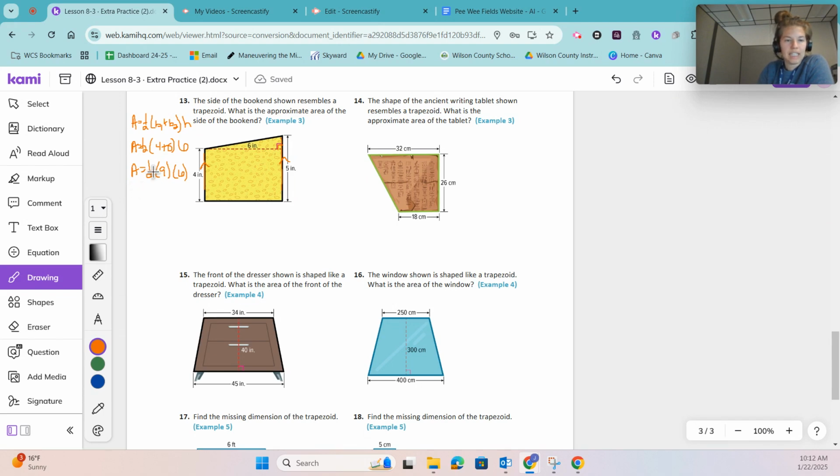Okay, and again, I can do any order, so I'm going to take 1/2 of 6 this time. So 3 times 9, and then area equals 27 inches squared.